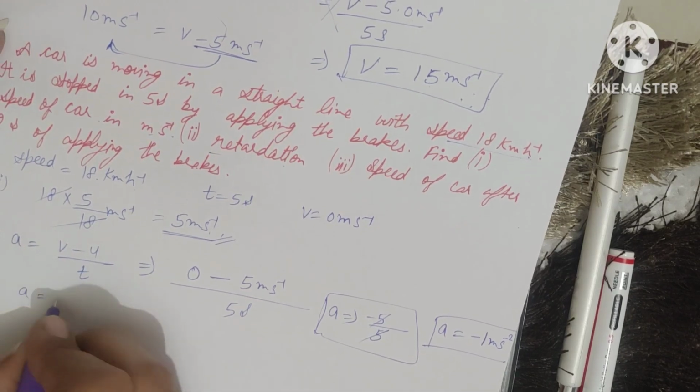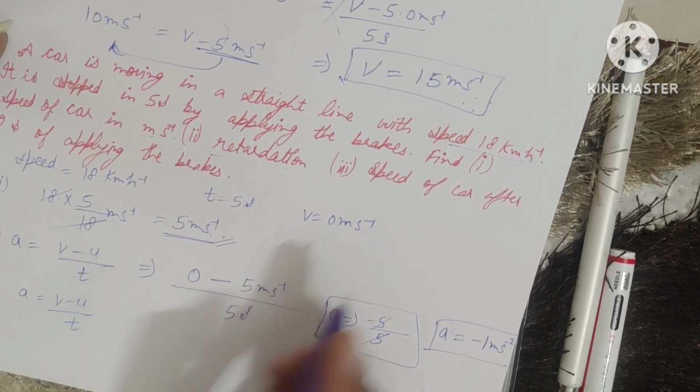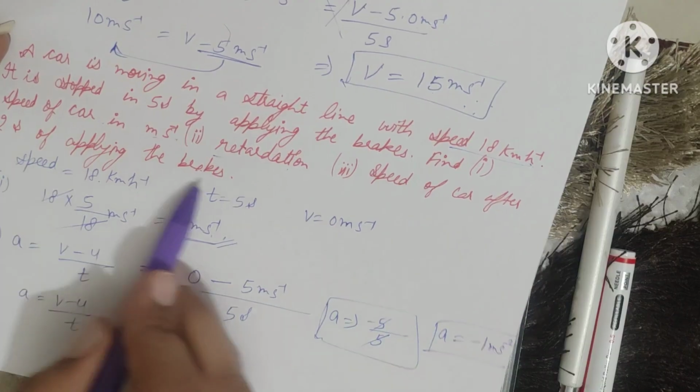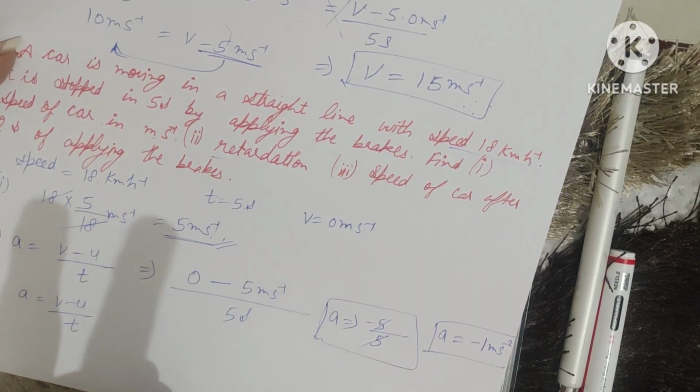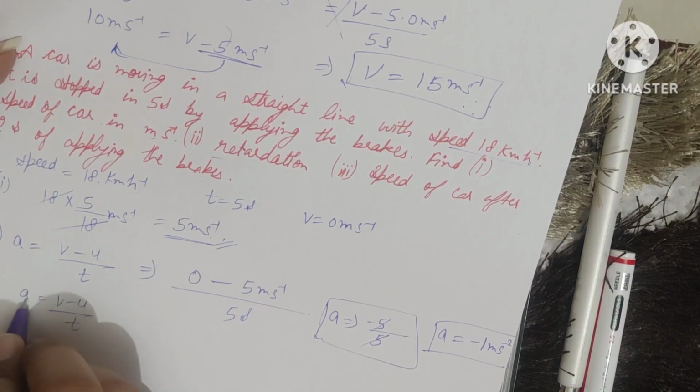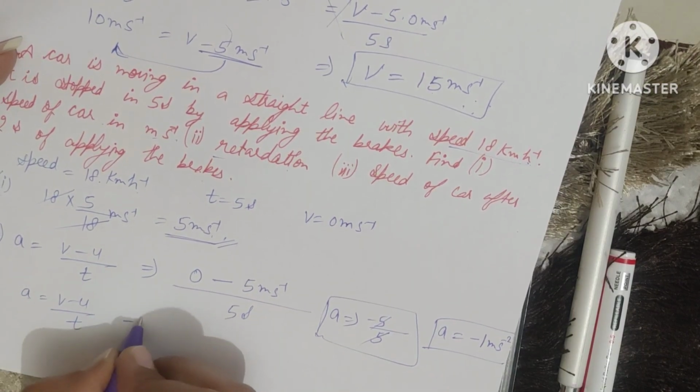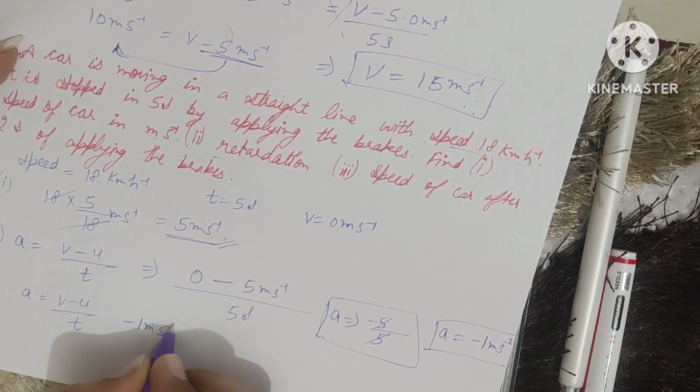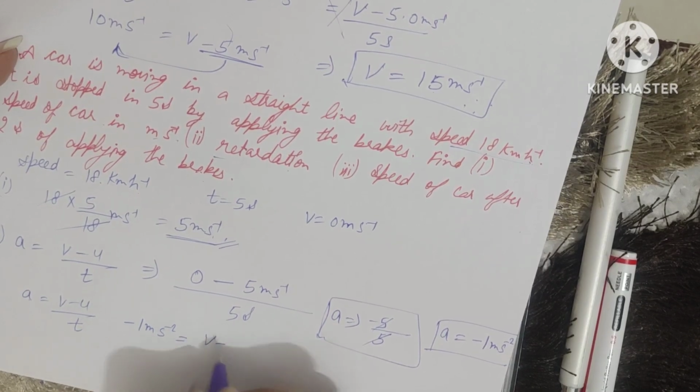So it is a equals v minus u by t. Speed of the car after 2 seconds of applying the brakes means we are applying the brakes only for 2 seconds. After that, what is the speed that we need to find out. The retardation we just found, that is minus 1 meter per second square, is equal to v, which we need to find.